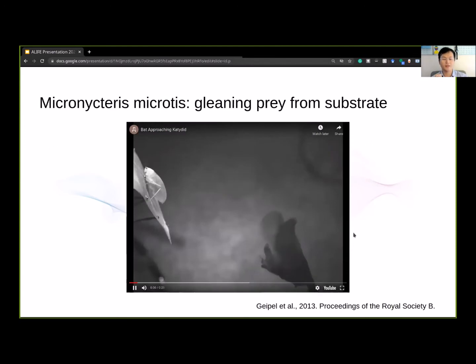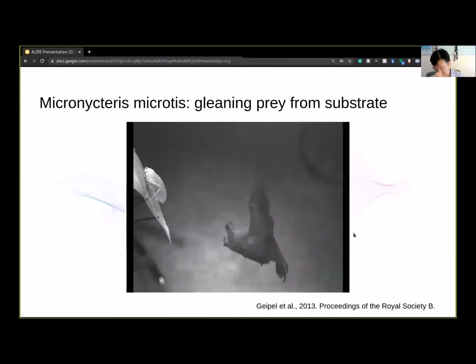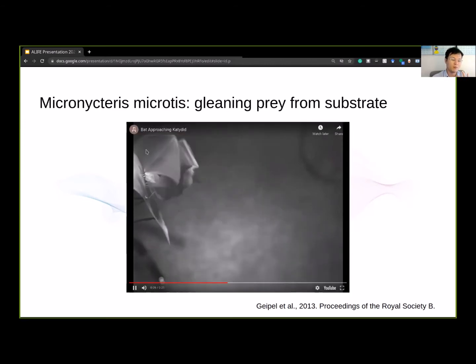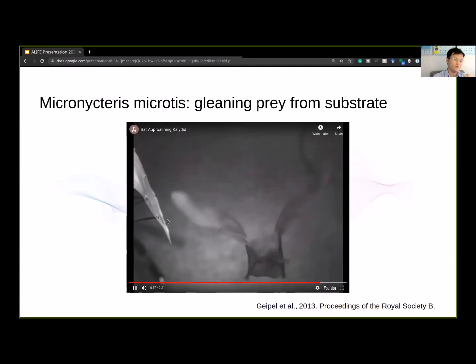So here is a study from 2013 from Dr. Geipel's group. This shows a pretty complex behavior. I will put my mouse here. A bat can approach, home in, and catch prey in the middle of a leaf.